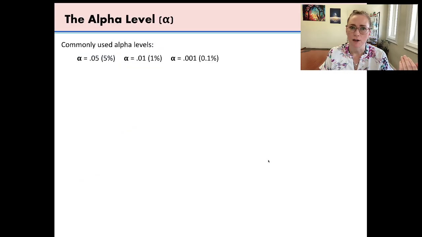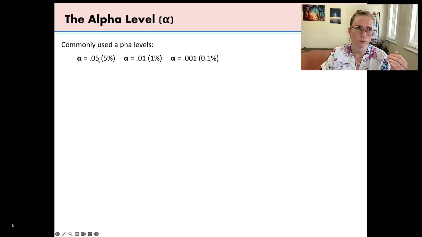Some commonly used alpha levels, as I said, the gold standard is going to be 5%, right? If you look this up in your unit normal table, it's going to be 0.05, equating to 5%. Actually, no, if you look it up in the unit normal table, it's going to be 0.0005.